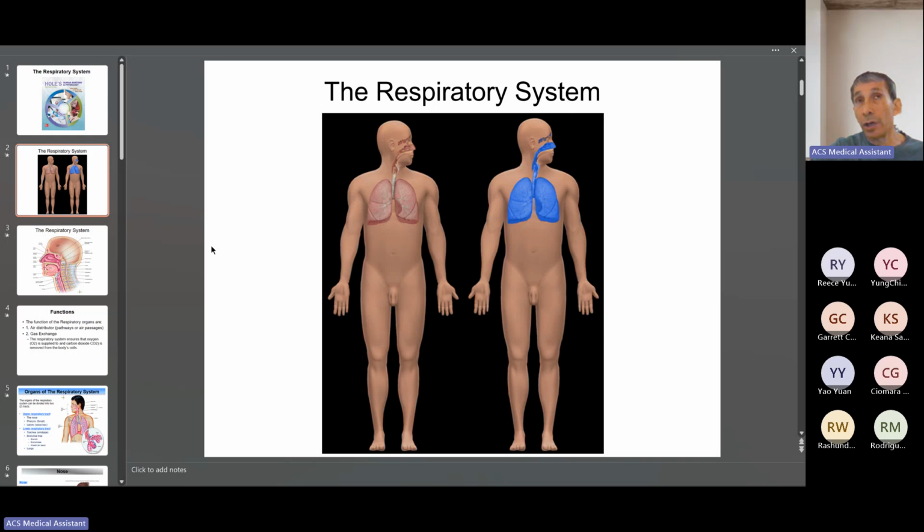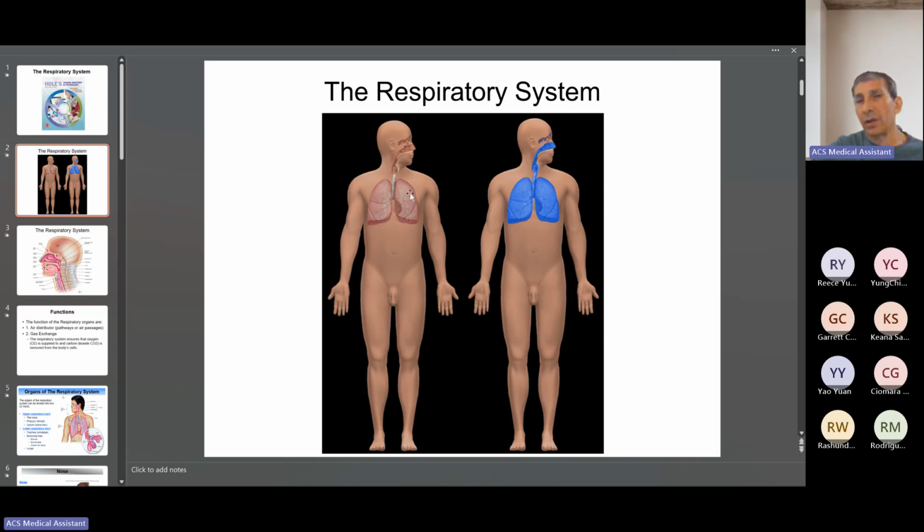So here we have parts of the digestive system, the mouth, the nose, because through the mouth we can also breathe. But we're going to have a common place, which is the pharynx that we call the throat.